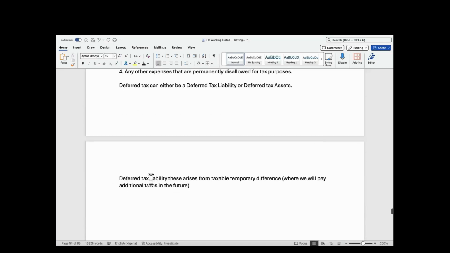So from the name liability, if a deferred tax results in a liability, it means that that temporary difference that I've been talking about is a taxable one where we will pay additional tax.